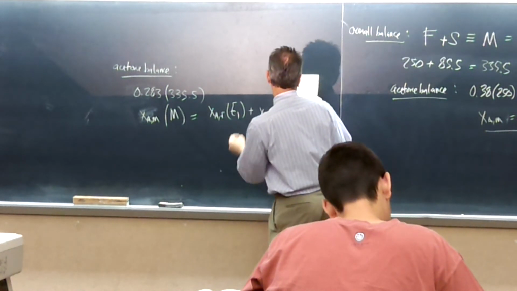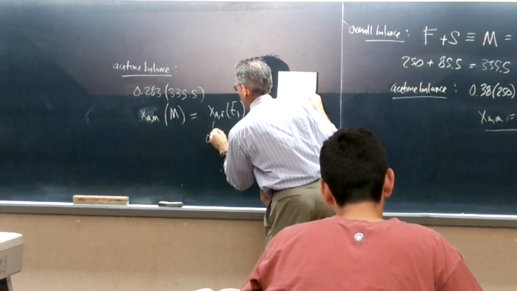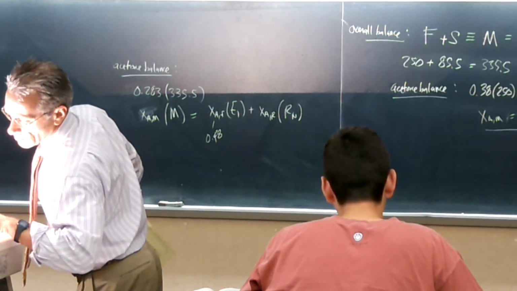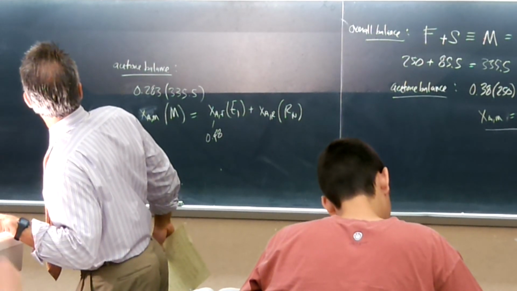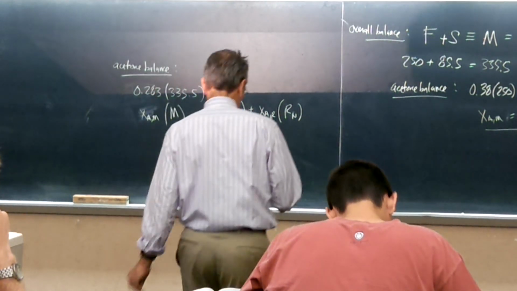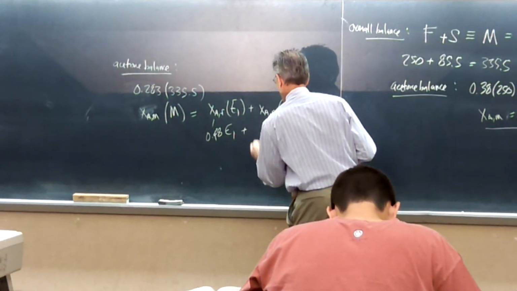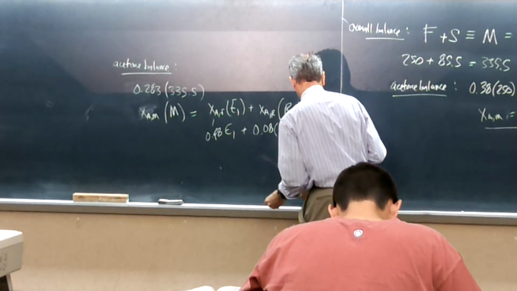XAE turns out to be 0.48. Right here, see, that's 48% acetone. Go on and put your design number in even though we got the 6%.